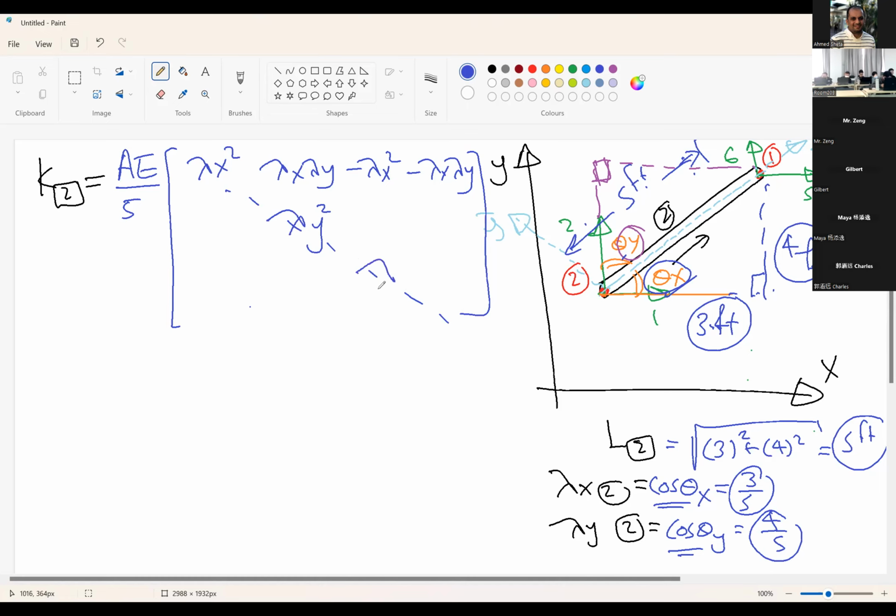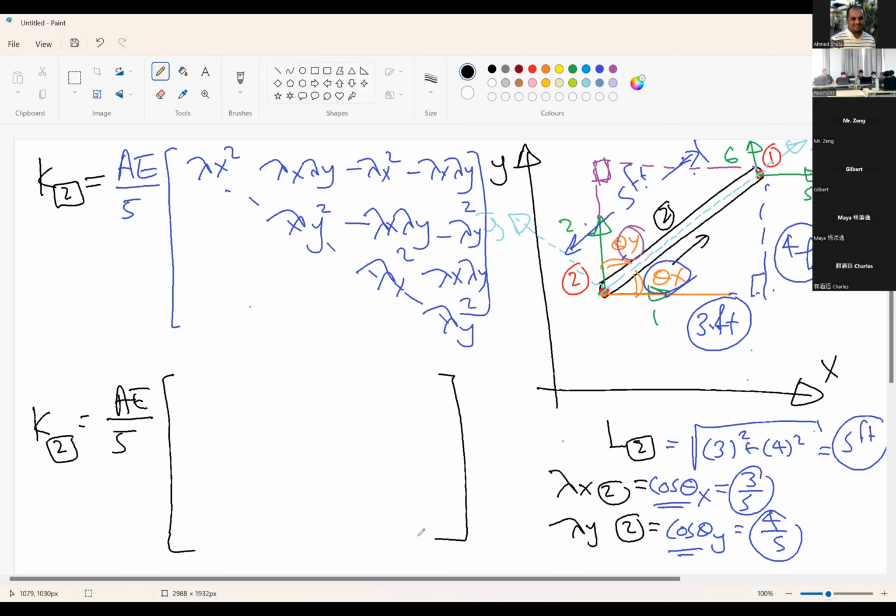This is lambda y squared, negative lambda x lambda y, and negative lambda y squared. So to construct K2, we have AE over 5.